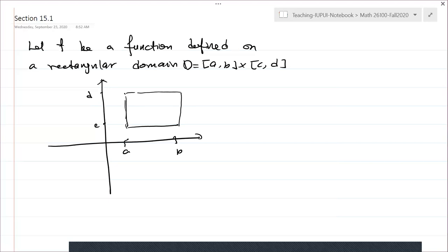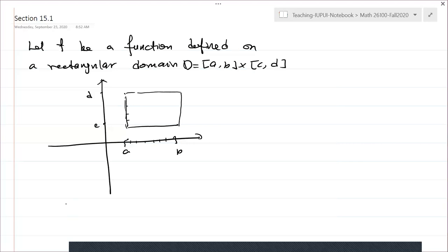Then, how to define the double integral? The idea is very simple. You divide the intervals into many subintervals.